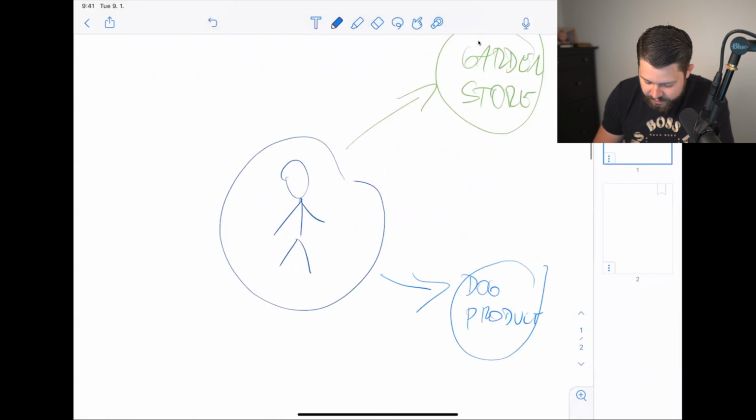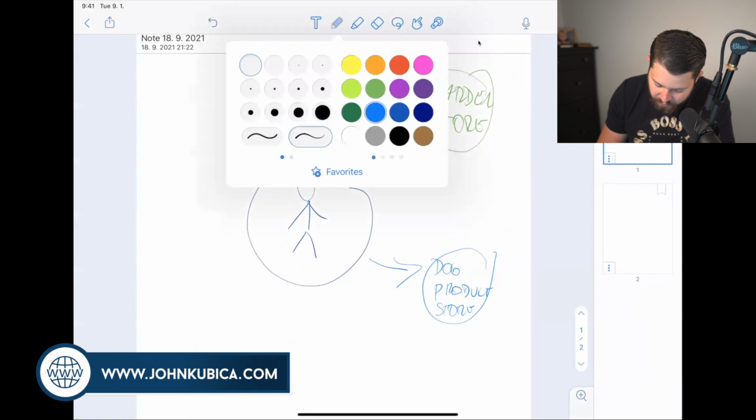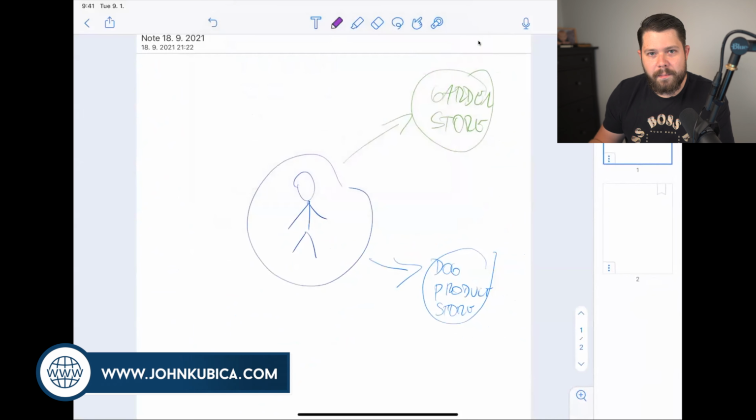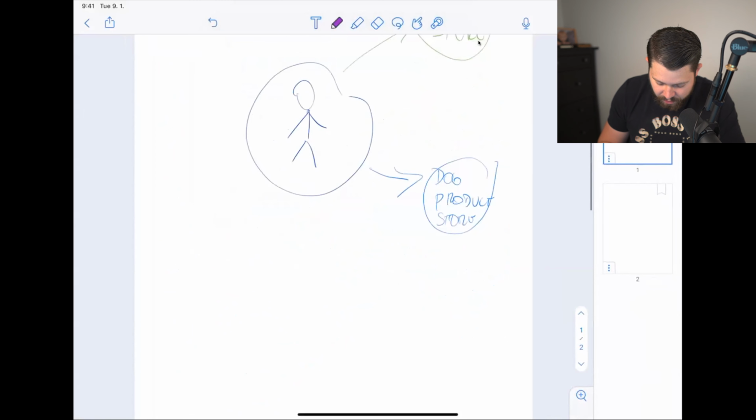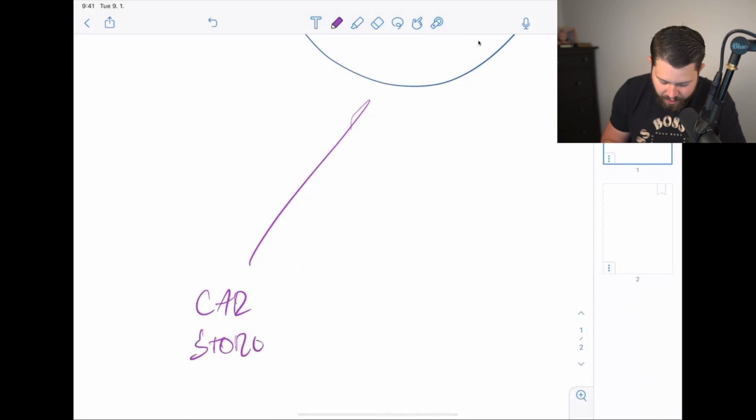So that's another store. That person also, let's say a month before that, purchased some car product from a car store, okay?